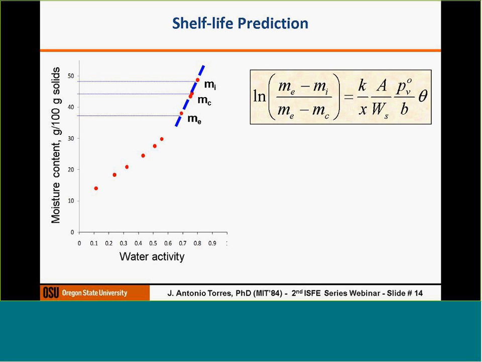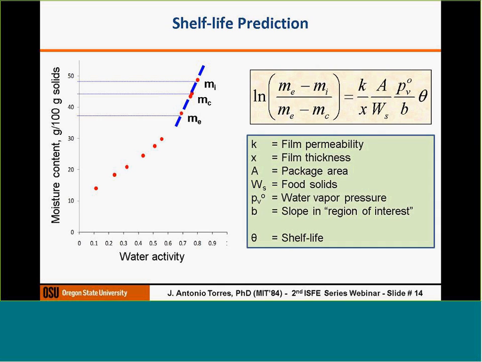The moisture content that the product would achieve is toward equilibrium with the relative humidity of the storage condition. K over X are the properties describing the packaging material chosen, A is the area, W is the weight of the solid in our product, and P0 is the vapor pressure of water at the temperature of storage.